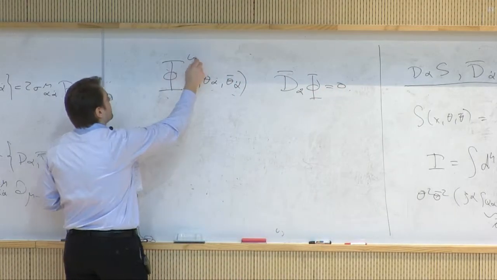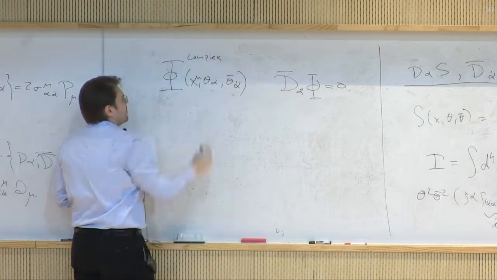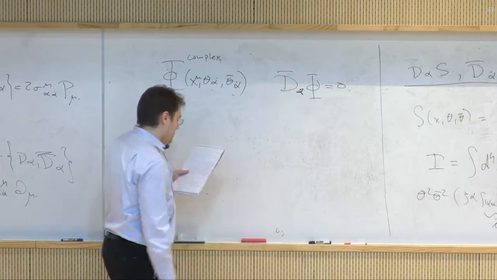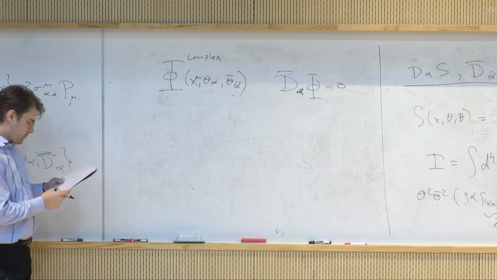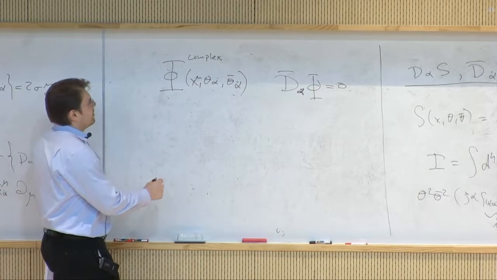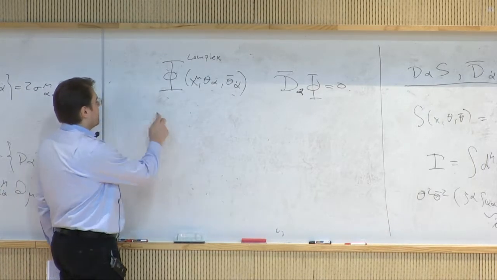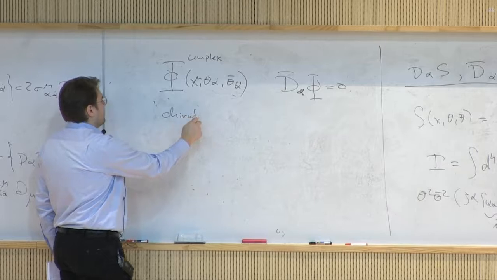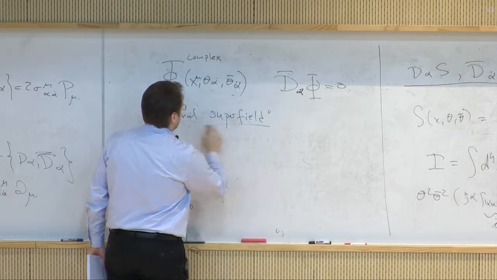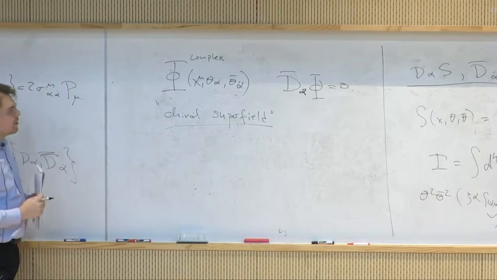This is a complex superfield that satisfies D bar alpha of phi is 0. And we call such a phi a chiral superfield, for reasons that will be somewhat clear.